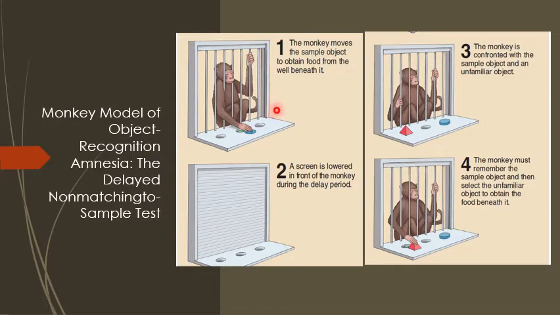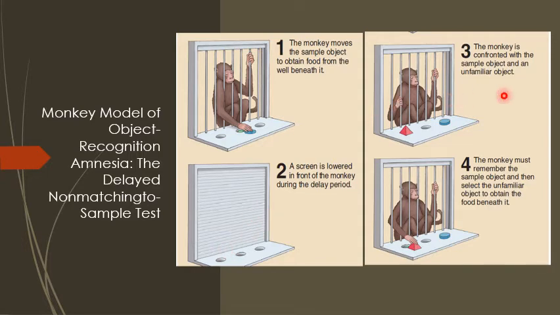So what you do here: first, the monkey moves the sample object to obtain food from the well beneath it. So this is the sample object the monkey is holding, and it moves it to get the food underneath. Second is the delay. A screen is lowered in front of the monkey during the delay period, depending on how many minutes or hours the delay is.